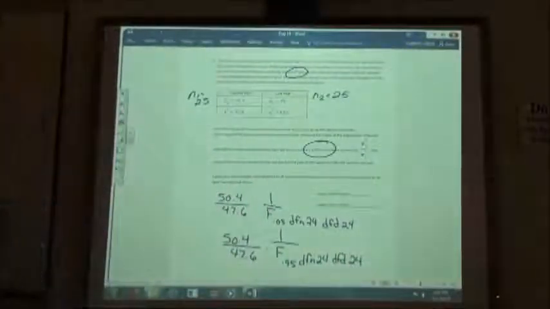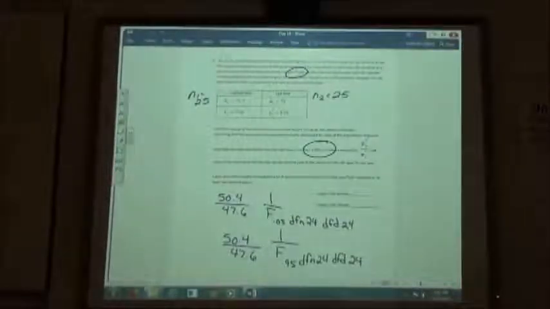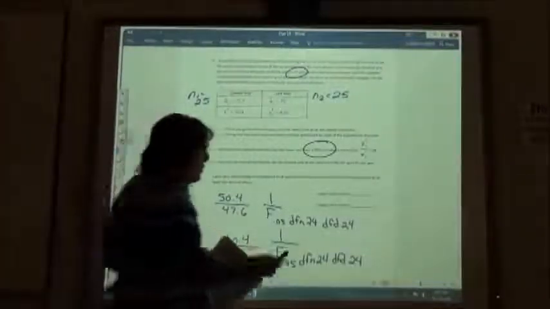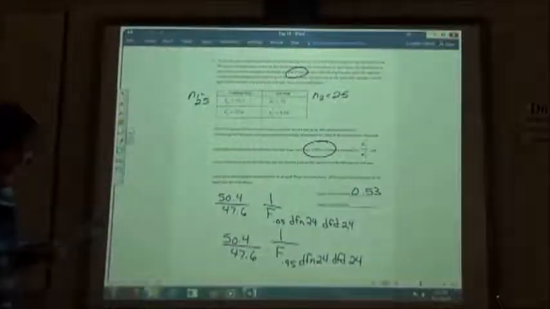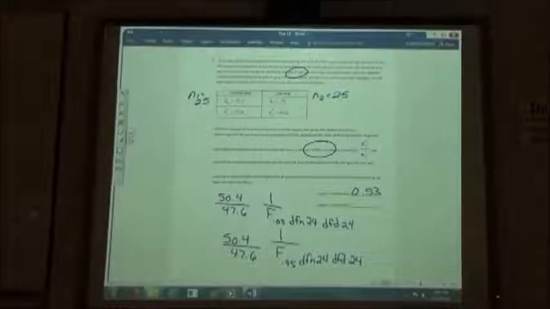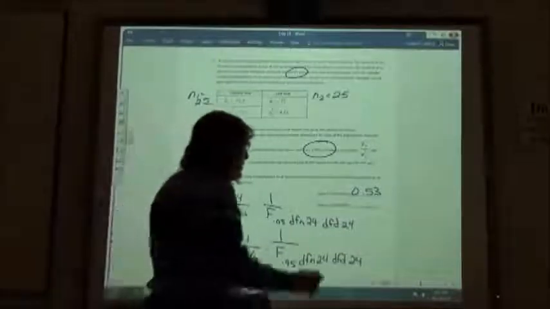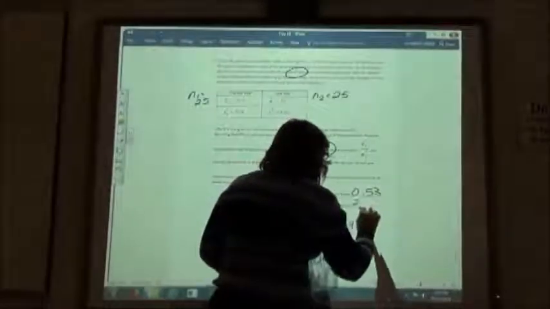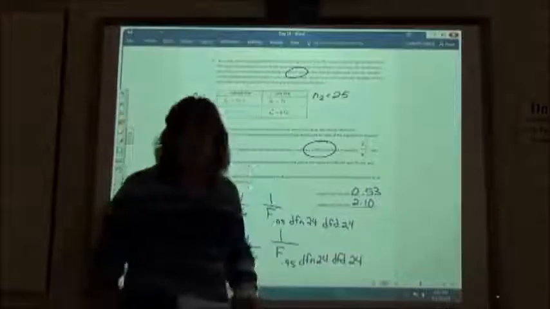All that in there. 0.53 then is my lower limit. And 2.10. 2.10 is my upper limit.